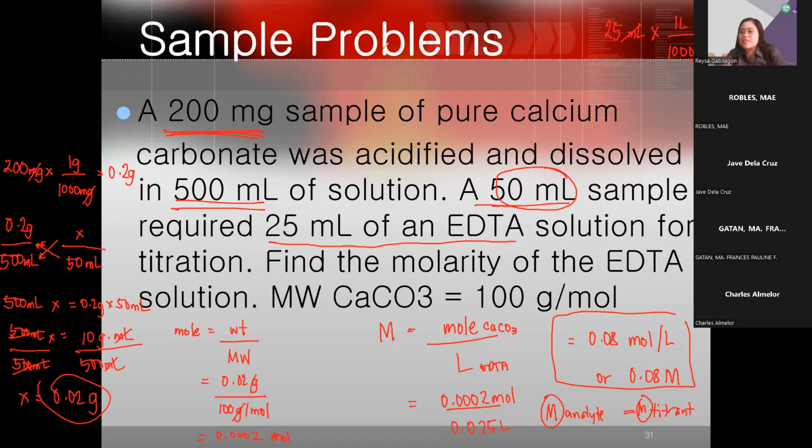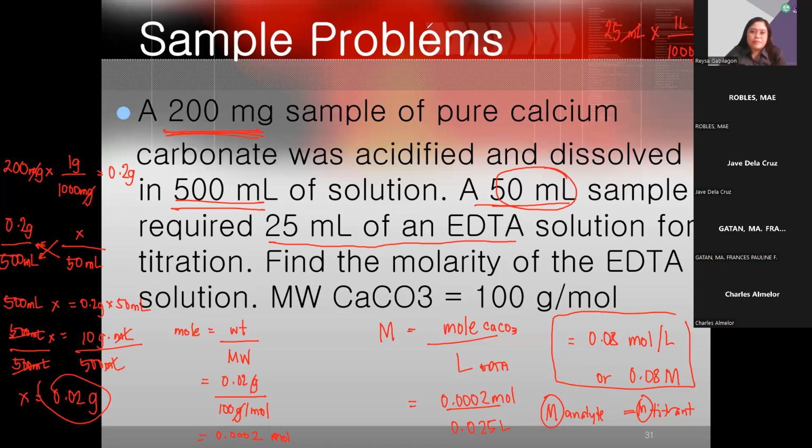So most likely the sample is in the Erlenmeyer flask together with the endpoint indicator. That is the difference between analyte and titrant. Did I answer your question? Again, the analyte is our sample. The titrant is the standard solution used during the titration process.